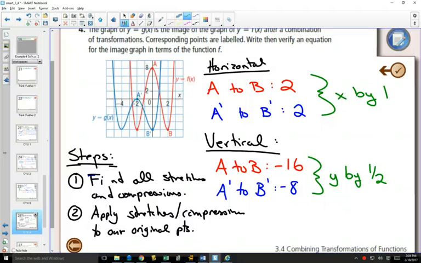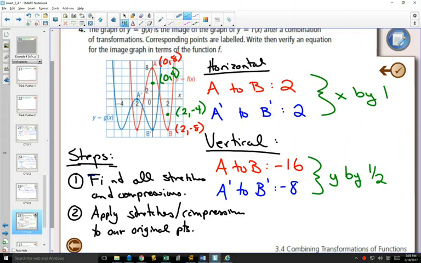So if I multiply this point A, which is (0, 8), by 1 for x and 1/2 for y, you would get the point (0, 4). Same thing if I took my point B, which is at (2, -8), I'm going to get (2, -4).